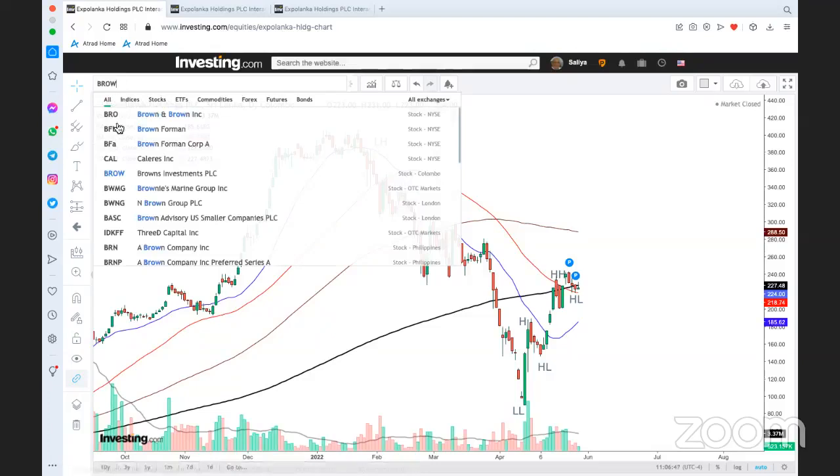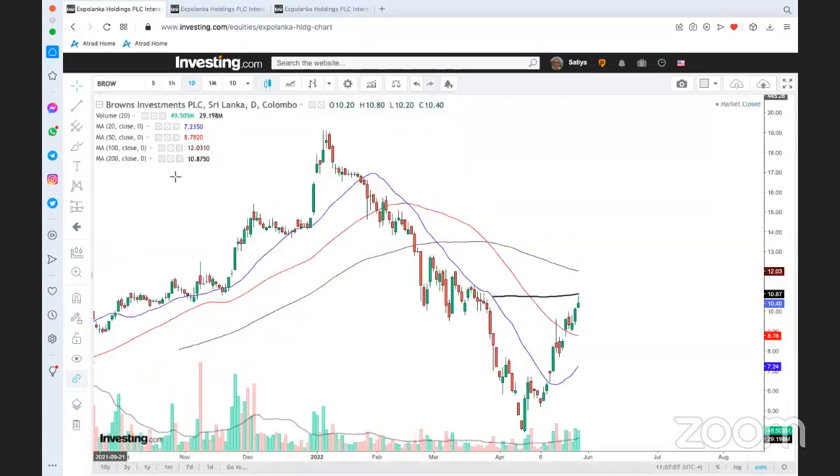Since I'm familiar with using the Brown's Investments chart in this window, I just type the code relevant to this site. You can see the Brown's Investments is here. Now that we have loaded the 4 time frames, you don't need to keep doing it for each and every counter.